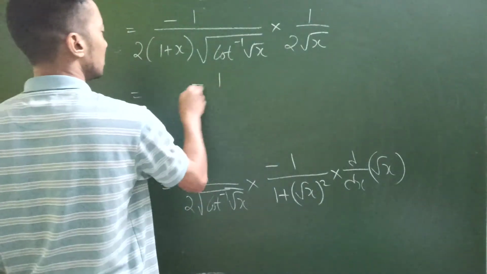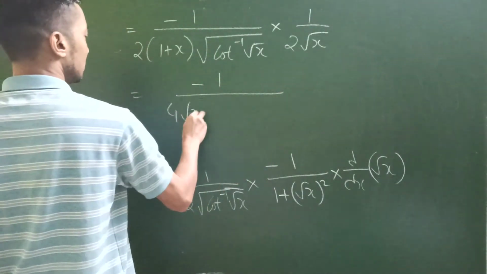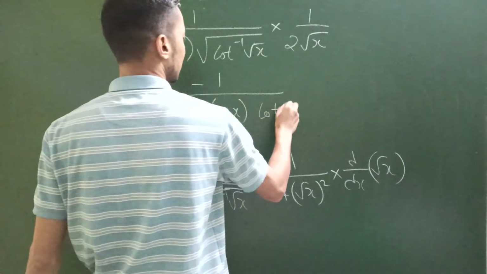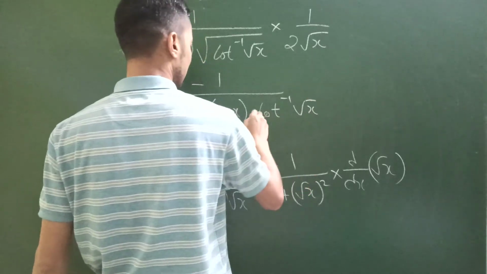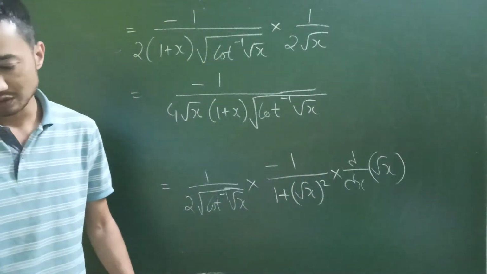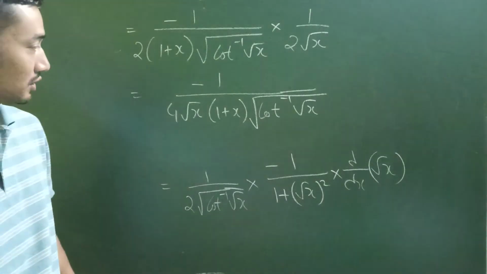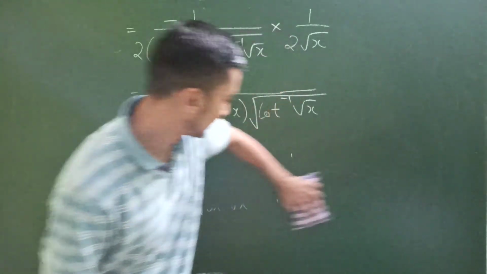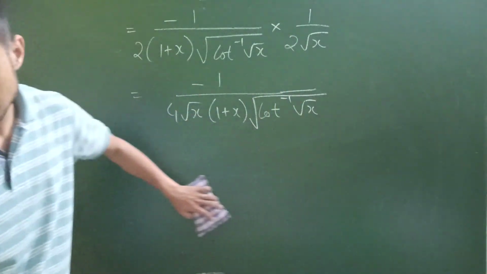So maybe 1 by 2 root x, 1 plus x, cot inverse root x, whole root. Alright, so that's going to be the solution for root over of cot inverse root x, 1 plus x root x. Okay, so this was fine.